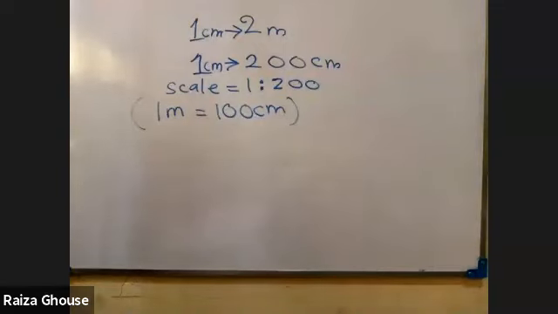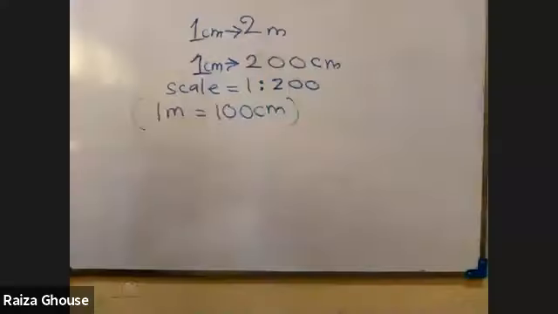Now write down the subtopic as concept of scale drawing. First write down the topic scale drawing, then write down concept of scale drawing. You have to know what this is. If you have any doubts, please inbox in the chat box.